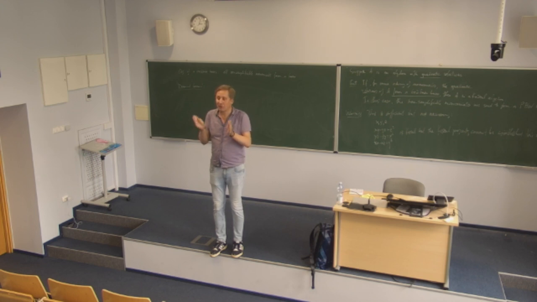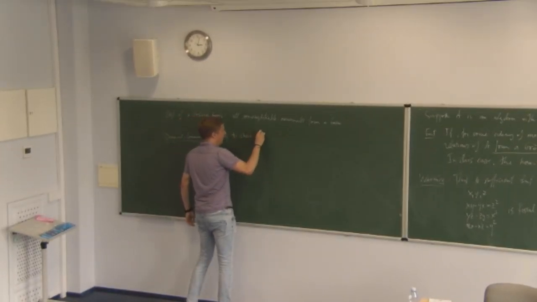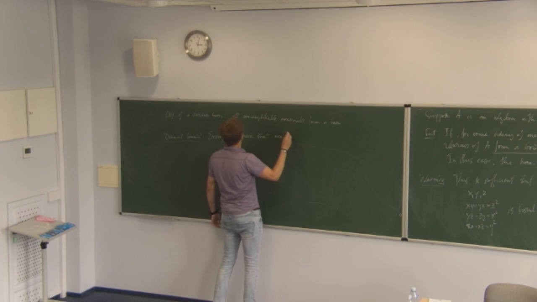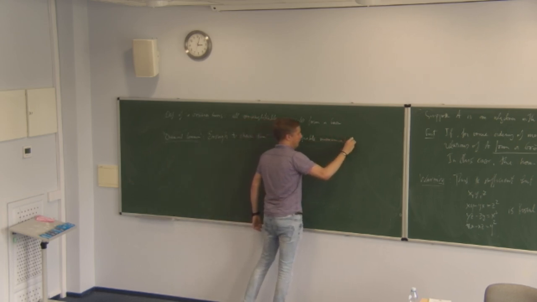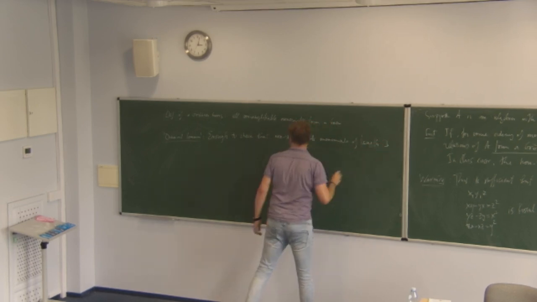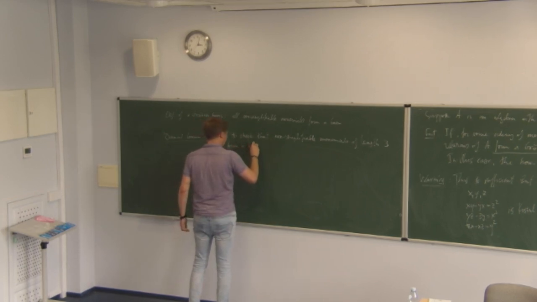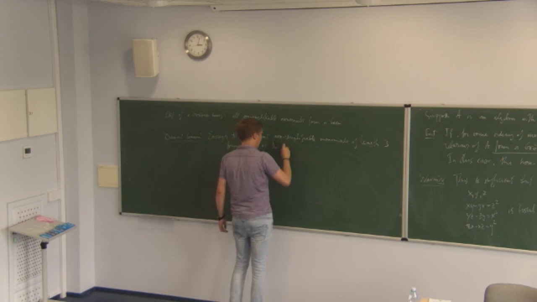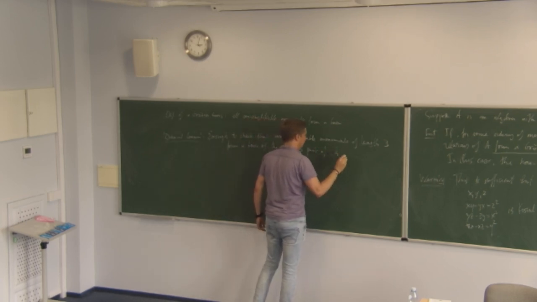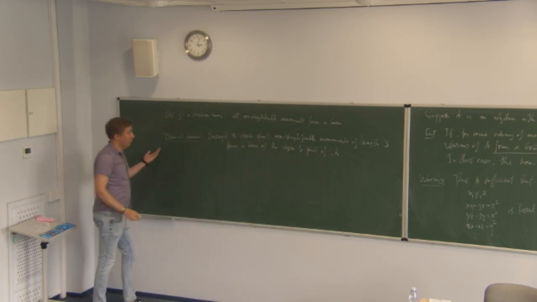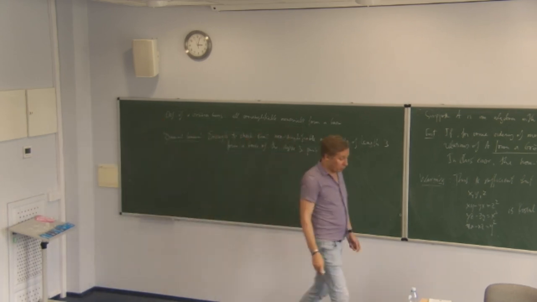So if your relations are quadratic, then whatever bad happens, you already see on the level of cubic terms.